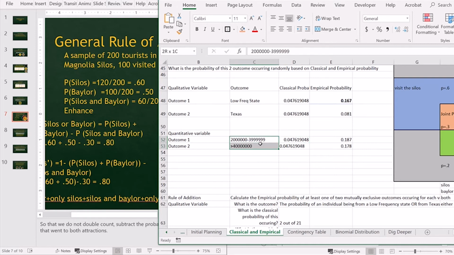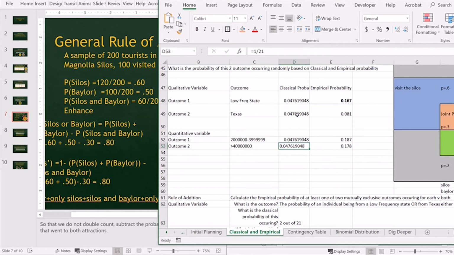Is this a trick question? Can I be in both of these at the same time? That's the question you need to ask yourself. No. So I'm going to use the special rule.